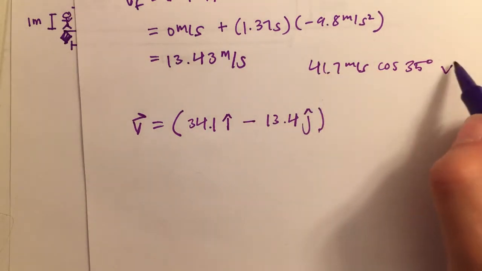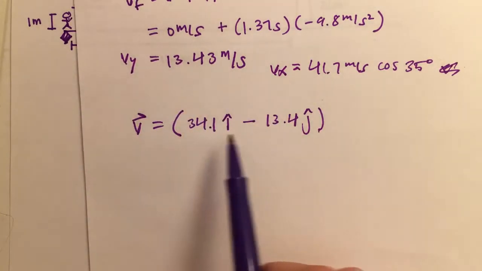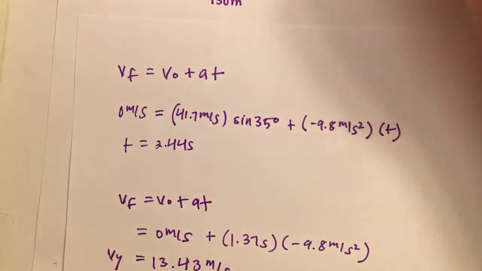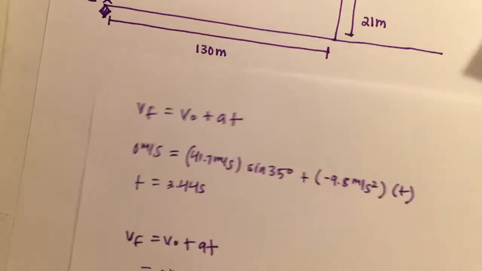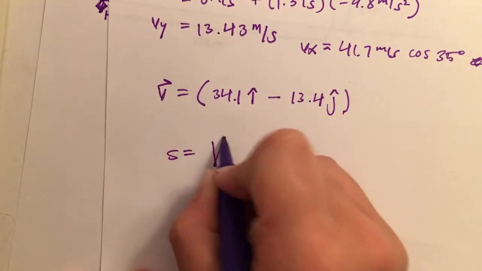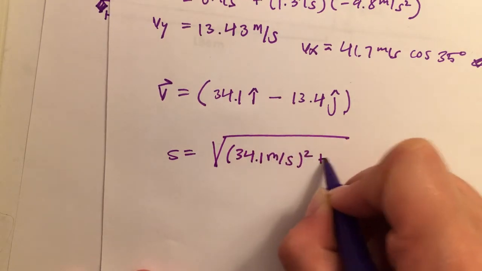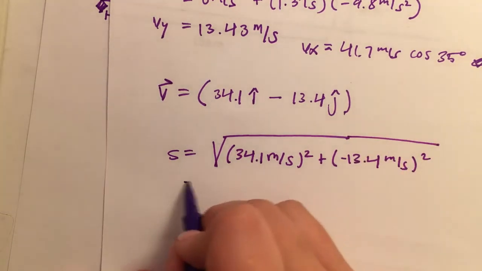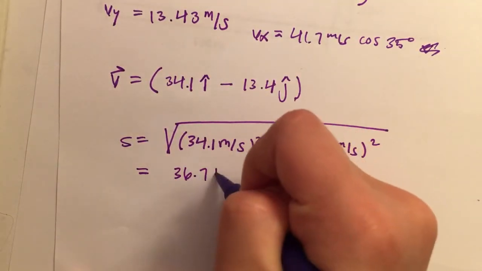That's the velocity in the x direction, and this is the velocity in the y direction. So those are the components. And then to find the resultant speed right when it passes the top of the bleachers, we can just take the magnitude of this vector. The speed will be the square root of 34.1 meters per second squared plus negative 13.4 meters per second squared. Put that into a calculator, and you will get 36.7 meters per second.